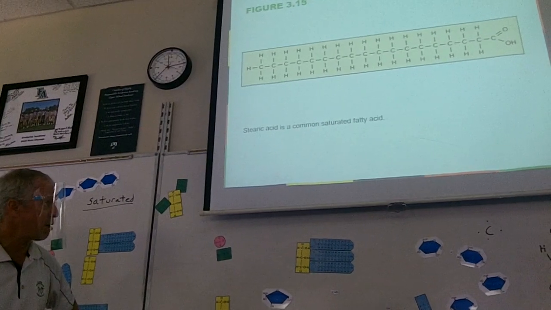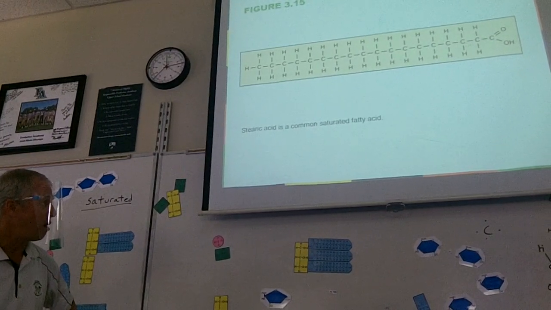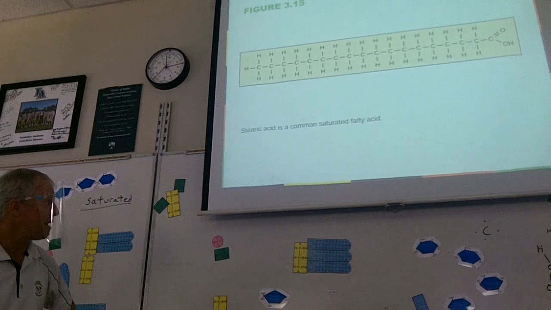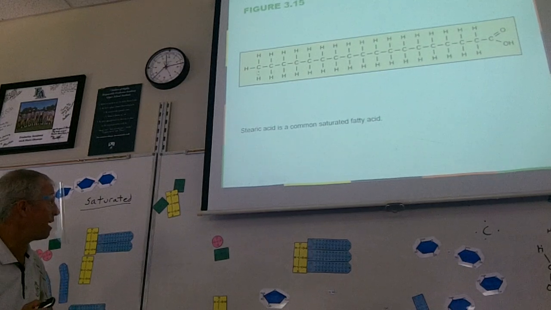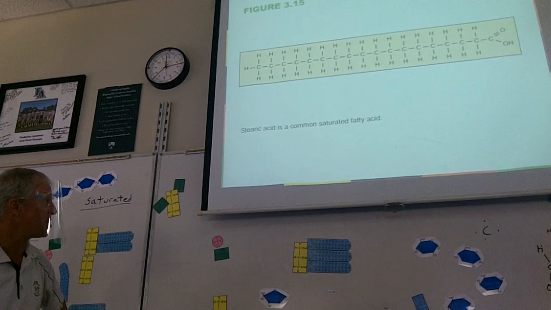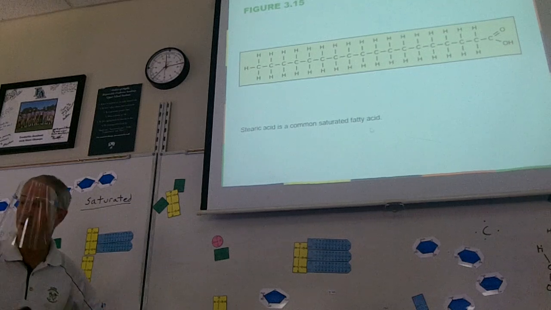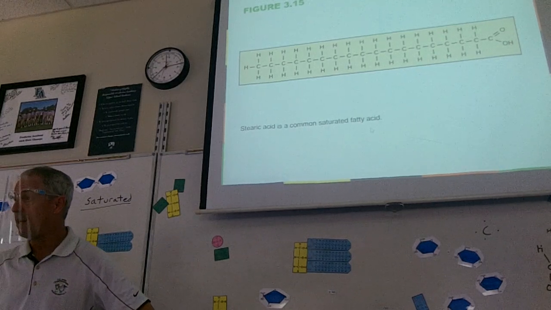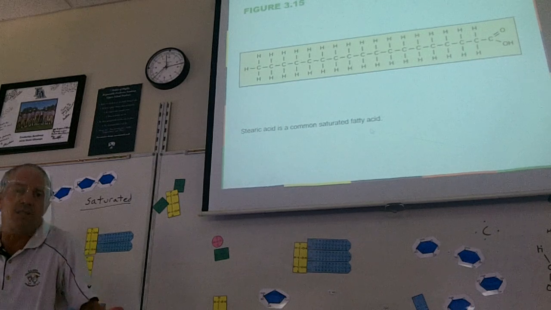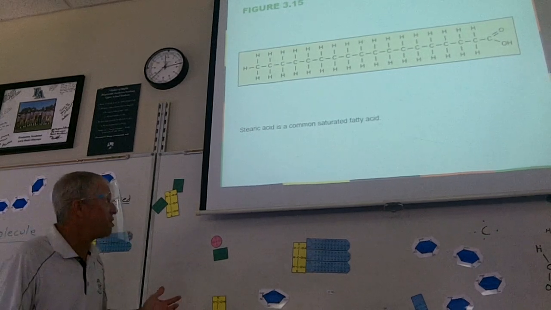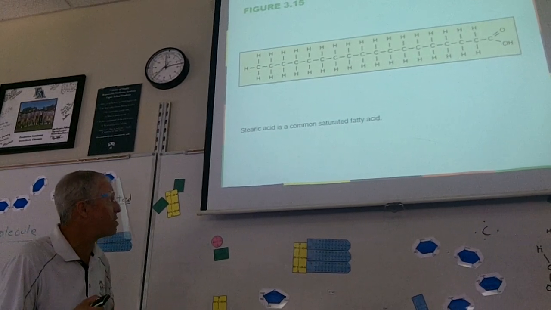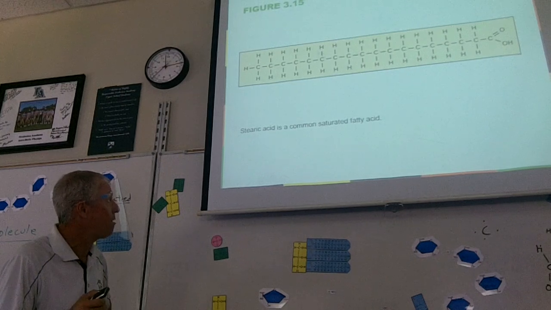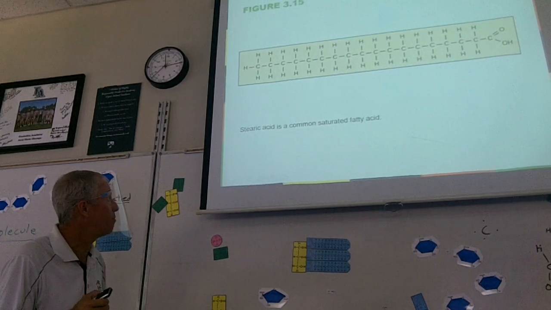But ignoring the carboxyl group, if they have all single bonds, they're called saturated fatty acids. Have you ever heard that word saturated? It means holding as much as possible. So if it's saturated, it has all the hydrogens that it can possibly bond to.